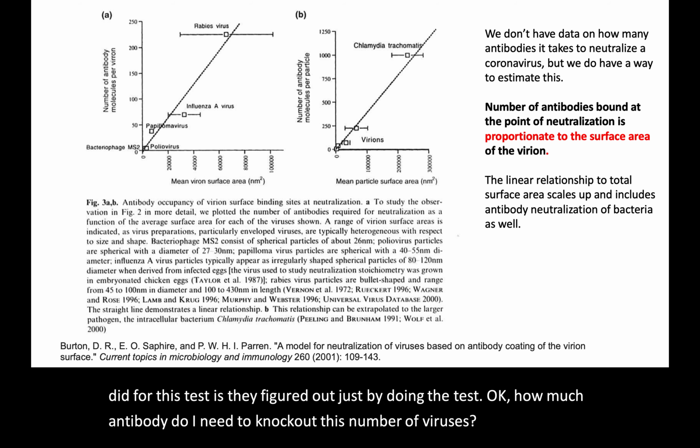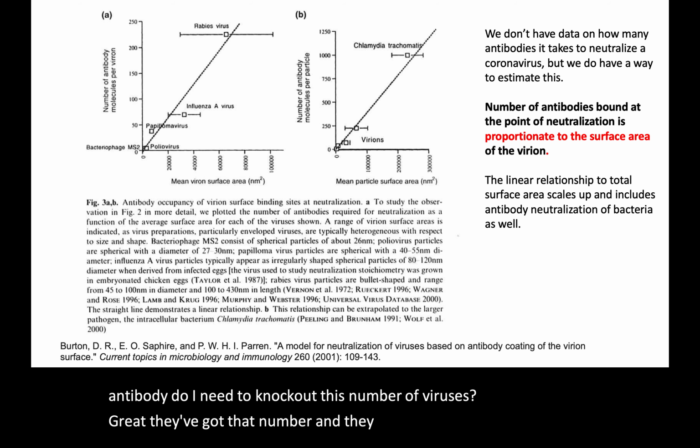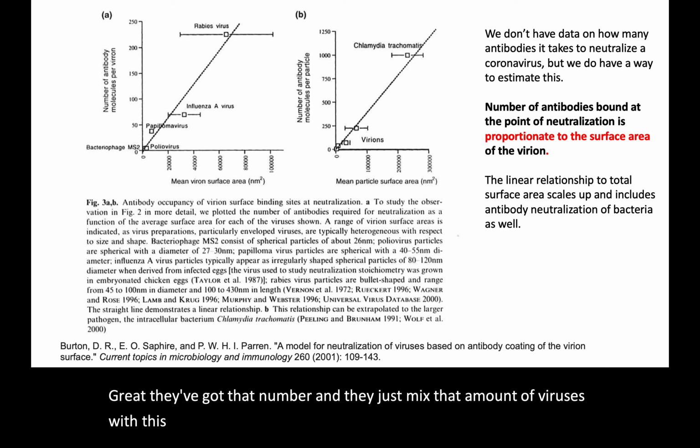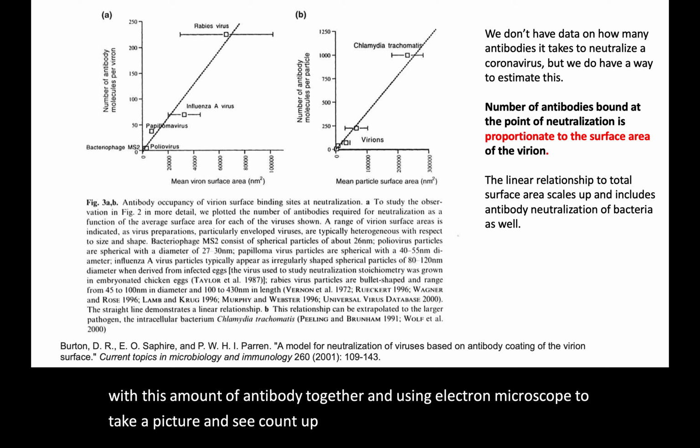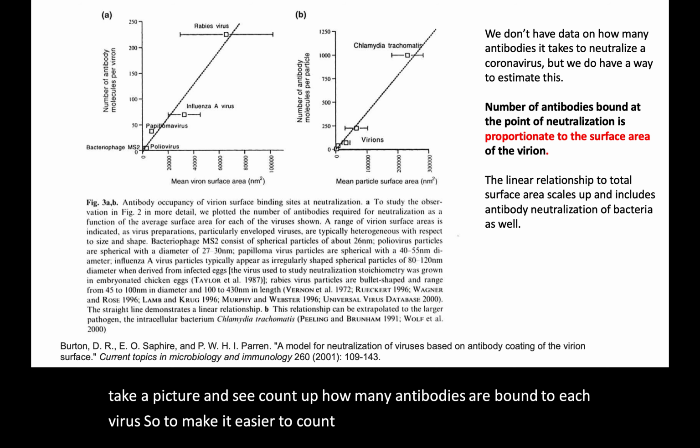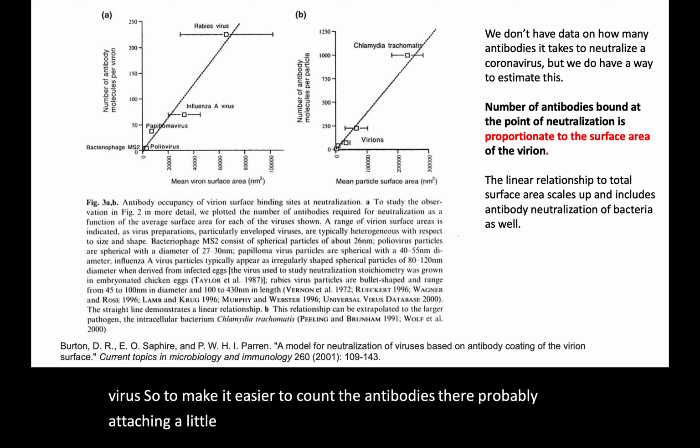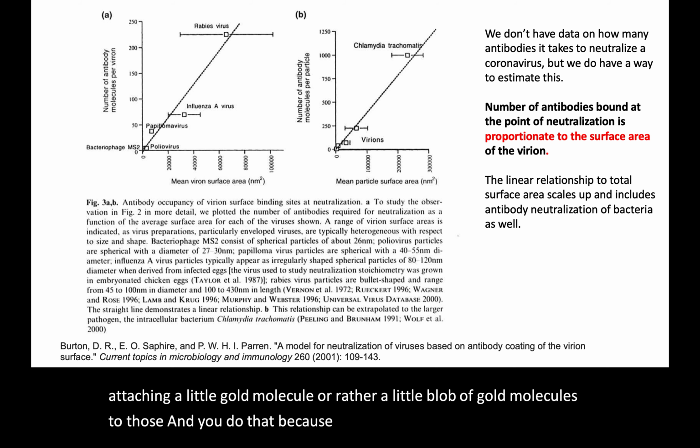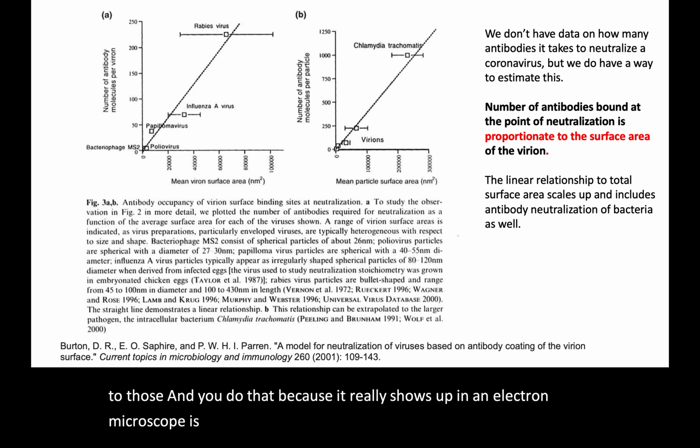Great, they've got that number. Then they just mix that amount of viruses with this amount of antibody together and use an electron microscope to take a picture and count up how many antibodies are bound to each virus. To make it easier to count the antibodies, they're probably attaching a little blob of gold molecules to those. You do that because it really shows up in an electron microscope. It's like a big black dot inside of there.